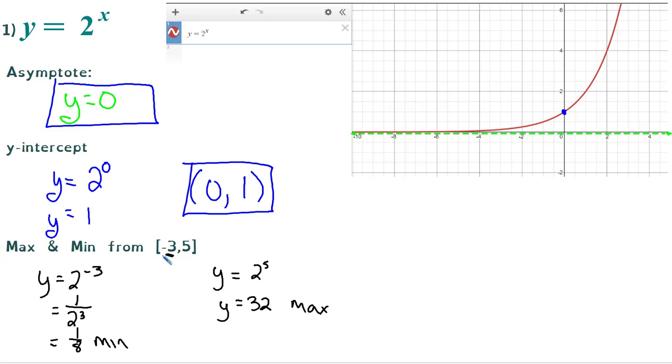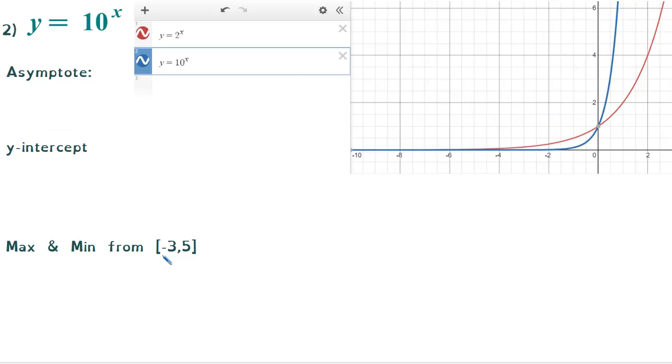Let's do another one. This time we're going to see what happens at y equals 10 to the x. When this base gets larger, it makes the graph steeper. But as you see, the asymptote has not changed. It's still at y equals 0.